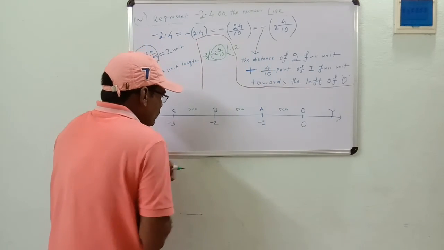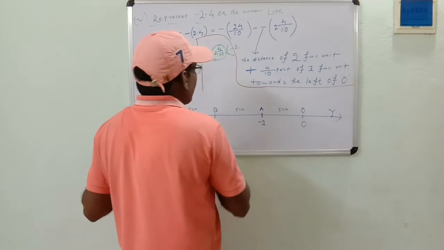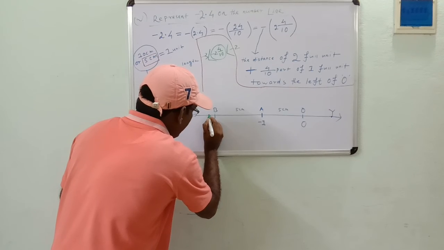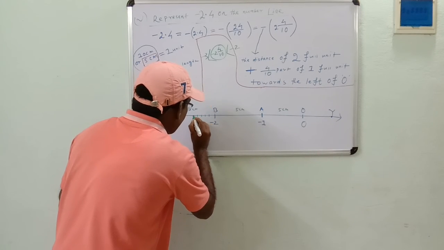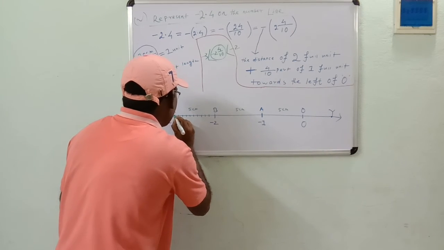So this length will be divided into 10 equal parts as the denominator is 10 here: 1 part, 2 part, 3 part, 4 part, 5 part, 6 part, 7 part, 8 part, 9 part, 10 part.